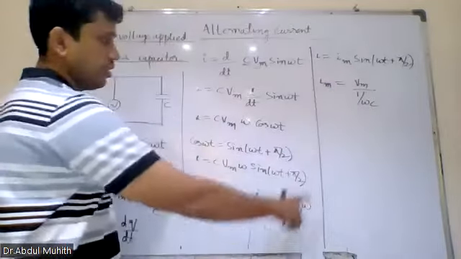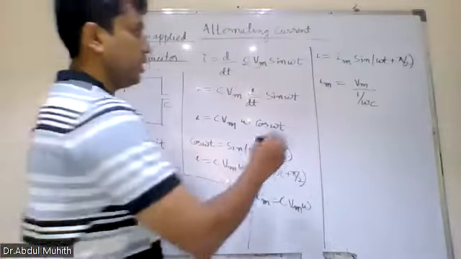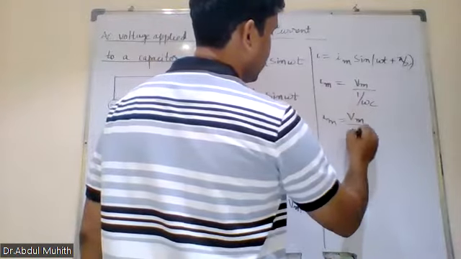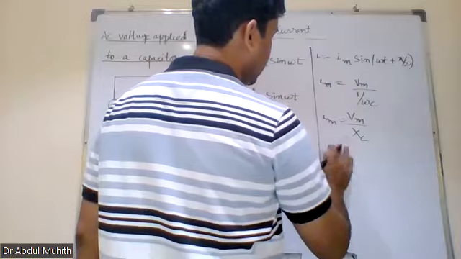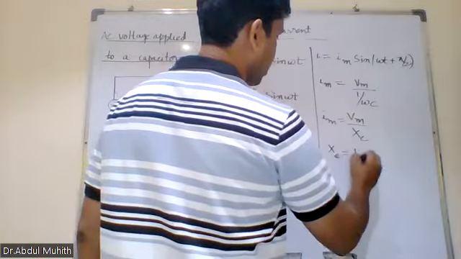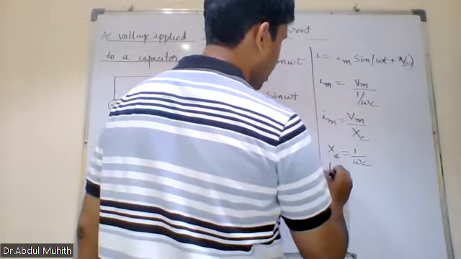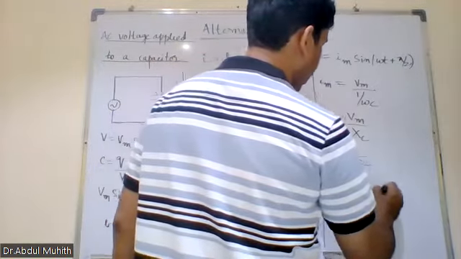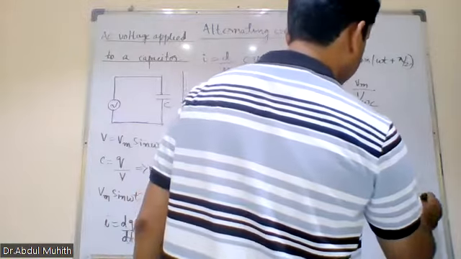Im is equal to Vm by Xc. What is Xc? Xc is equal to 1 by omega C. Xc is said to be capacitive reactance. Is that clear?